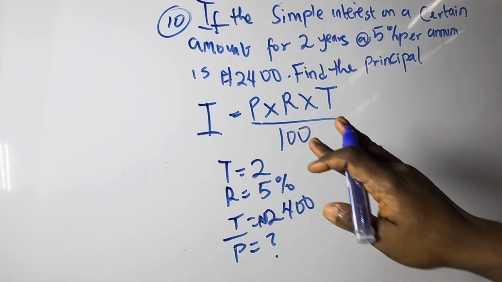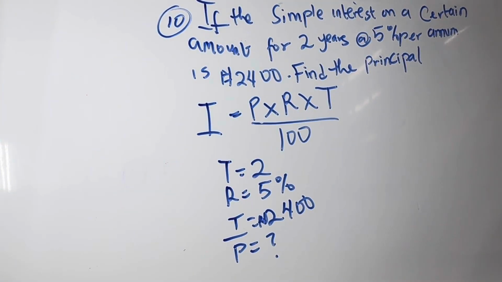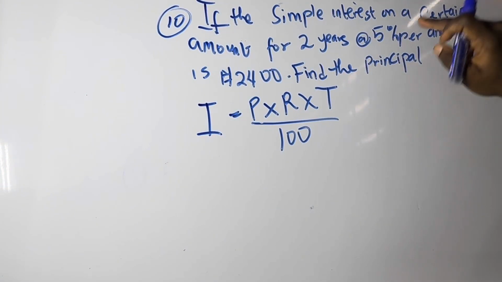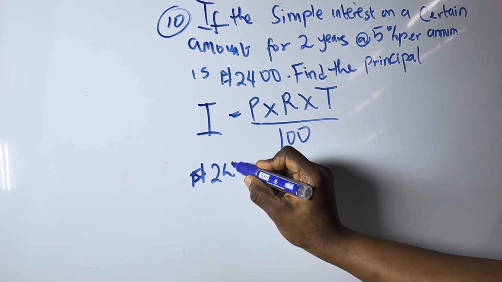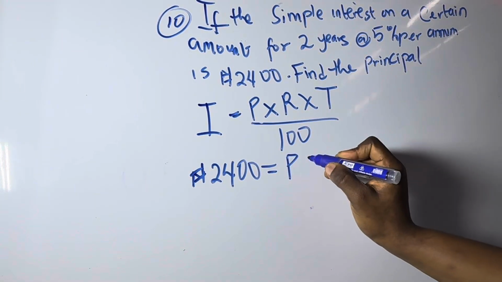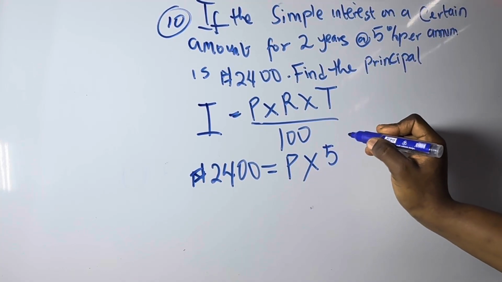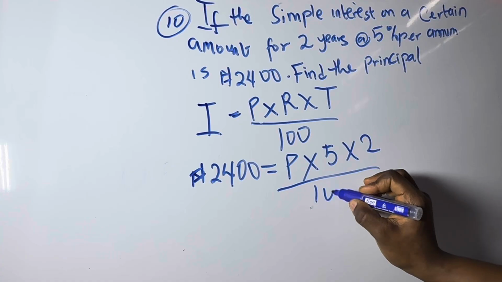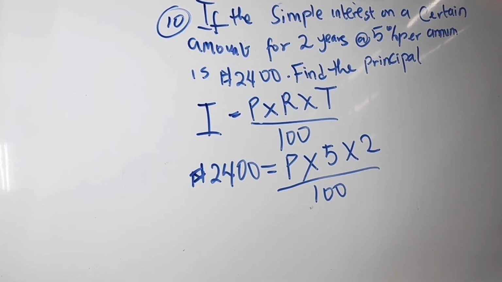Now, we are going to use this formula to find the principal. Since the interest is 2,400 naira, it equals principal, which is P, multiplied by rate, that's 5, multiplied by time, which is 2, over 100, because 5% is over 100.